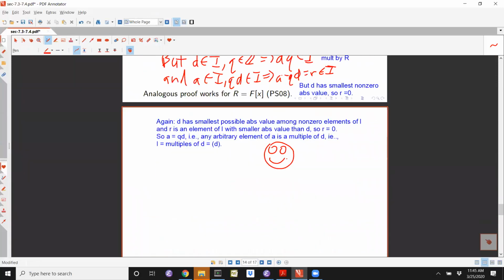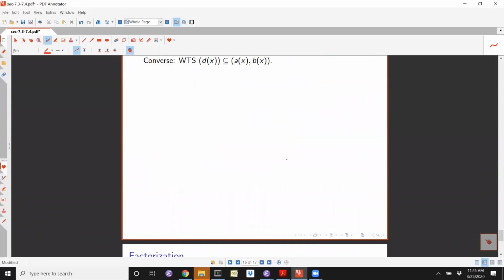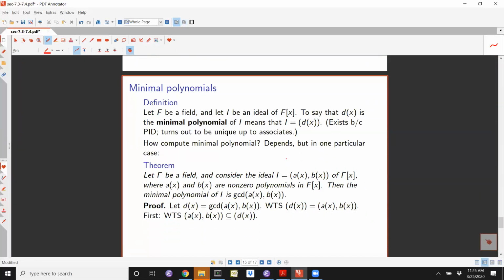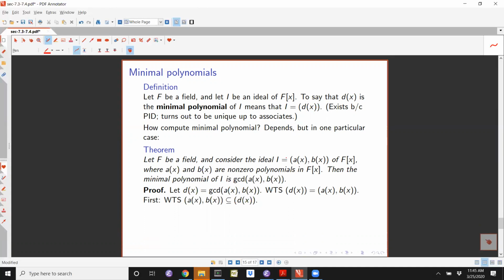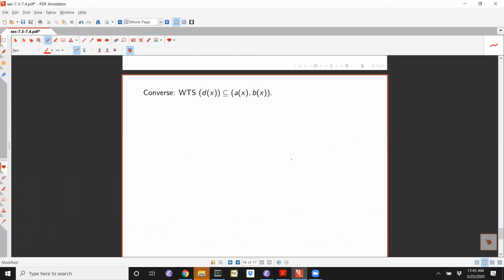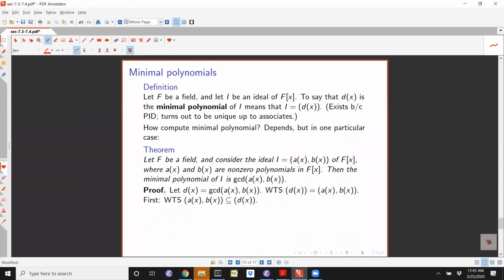Okay, let's see what we have left here. We have a few things to clean up. We'll talk very briefly about minimal polynomials and factorization after the break, when we pick this up where we leave off here.